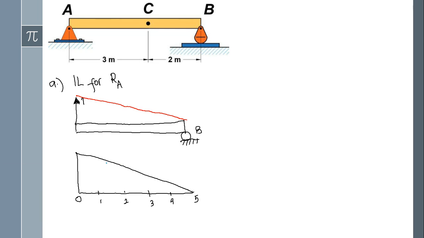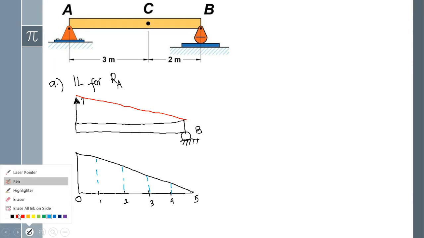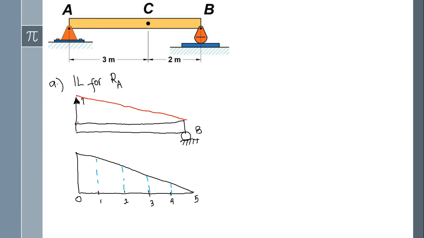Since we applied a 1 unit load here, its deflection at length 1 is 1.0. To get each ordinate for 1 meter, 2 meters, 3, 4 and 5, we use ratio and proportion. At 5 it is obviously 0.